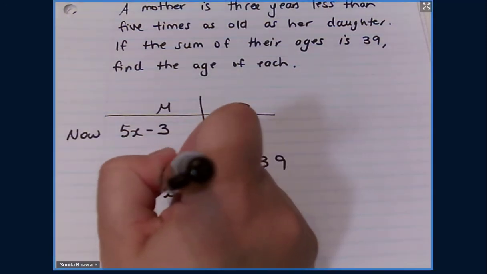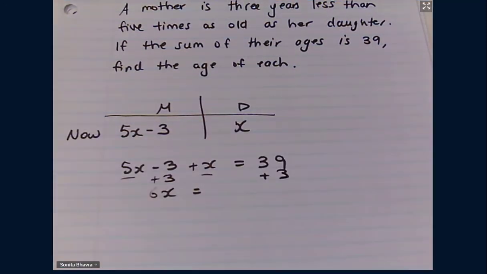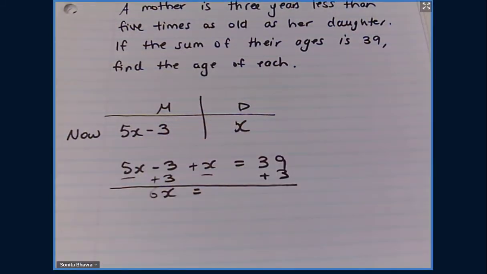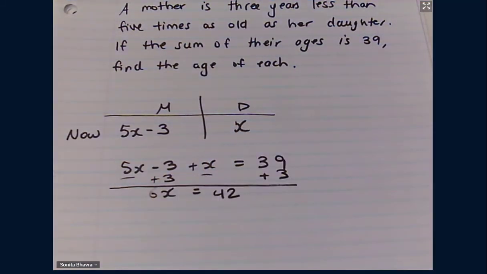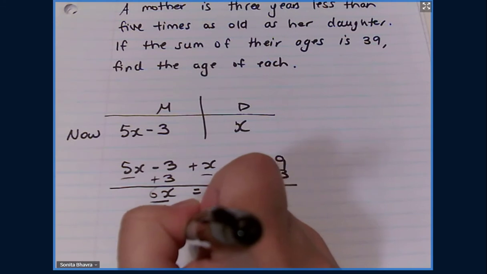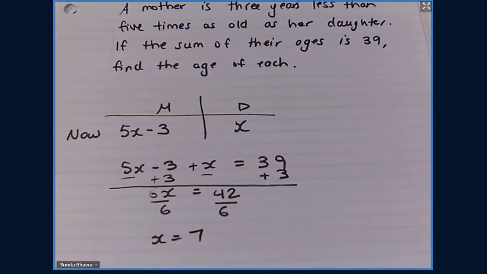So just add the 3 like so. And that gives me 42. And then we just divide by 6 on both sides. And that gives me x is equal to 7.